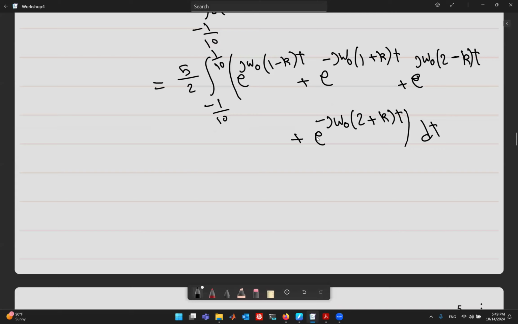If we do this integral, we'll get this: 5 divided by 2 times.